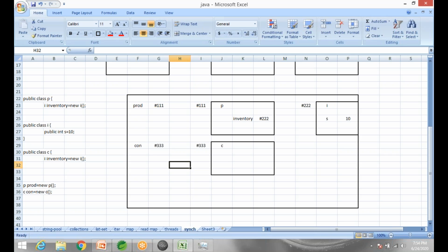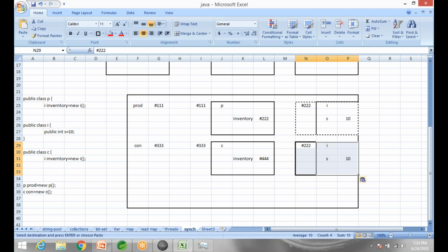Class C's content is inventory, with another new I object. There are two new operators, in the prod class and the C class, both. So you ended up creating two different objects. The C class is pointing to its own copy, and the P class is pointing to its own copy.